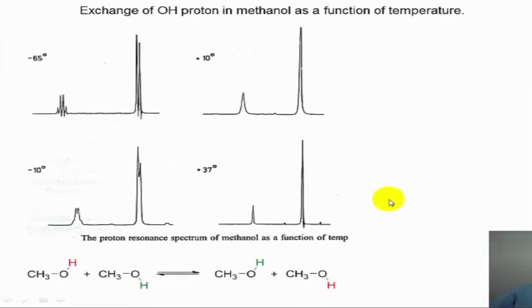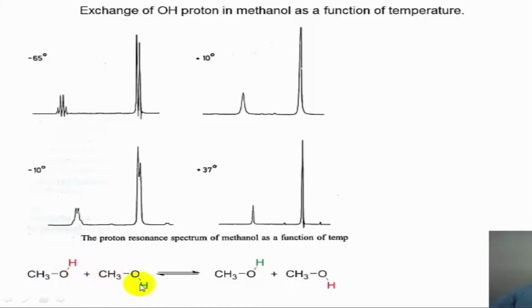Now, remember, when we were interpreting the NMR spectra, we also discussed the D2O exchangeability of OH hydrogen, NH2 hydrogen, and so on. This exchange process is controlled by temperature. The rate of the exchange process can be controlled by temperature. Under room temperature conditions, there will be a rapid exchange of the OH hydrogen in methanol, for example.